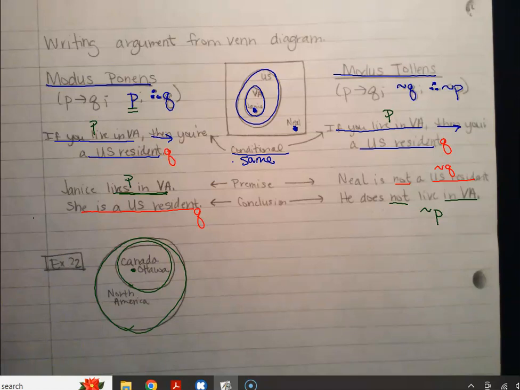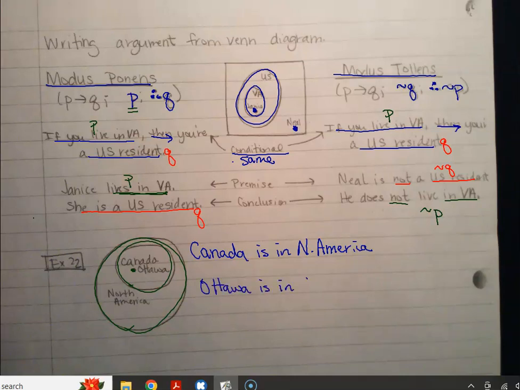Yeah, so we could say Canada is in North America. We could say Ottawa is in Canada. Therefore, Ottawa is in North America.